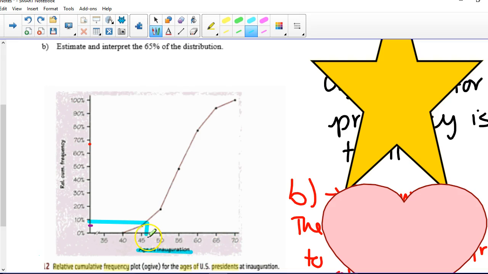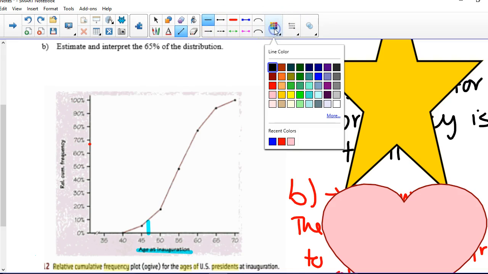Now I'm going to actually erase that. Re-looking at that, this goes from 45 to 50. I think I got more 46, and maybe I'm being picky. But I'm going to go a little bit more up, and then I'm going to use my straight line because that's going to make it look nicer here. And let's use blue to keep it consistent.